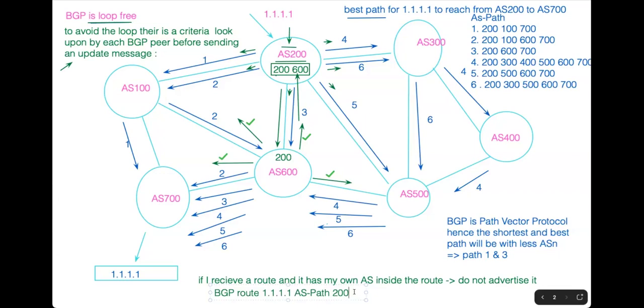So the BGP routing table will only have the best route. Where exactly will the other routes go? Sometimes we call this the BGP forwarding table. Sometimes we call this table the BGP table or BGP forwarding table. And this is what is being advertised.